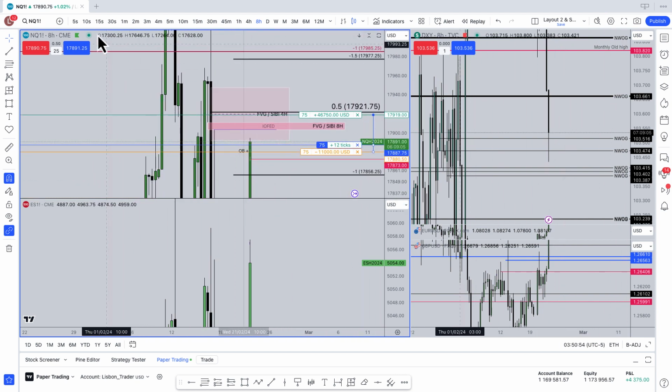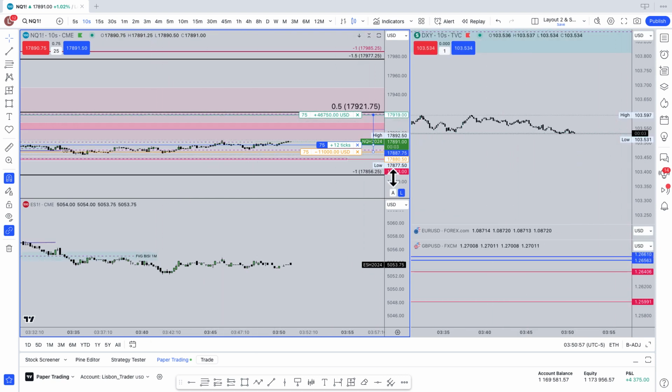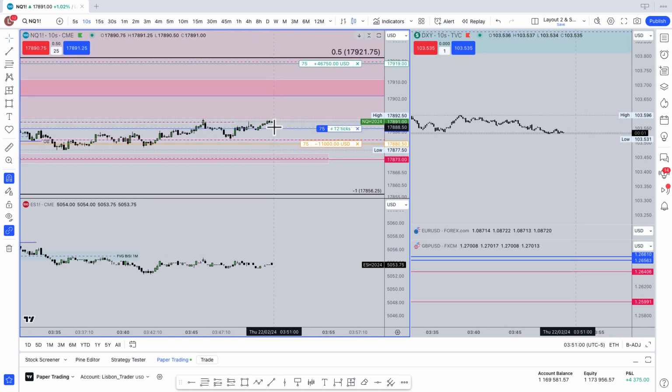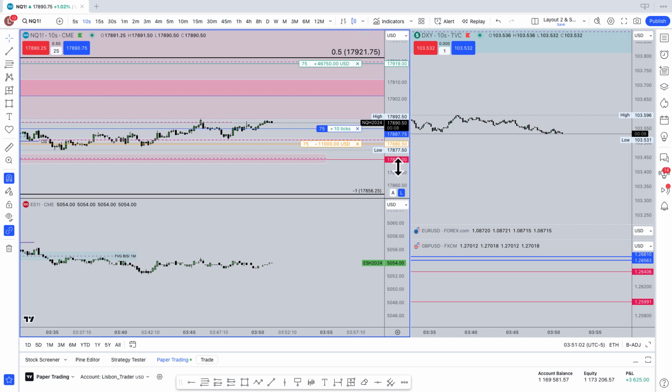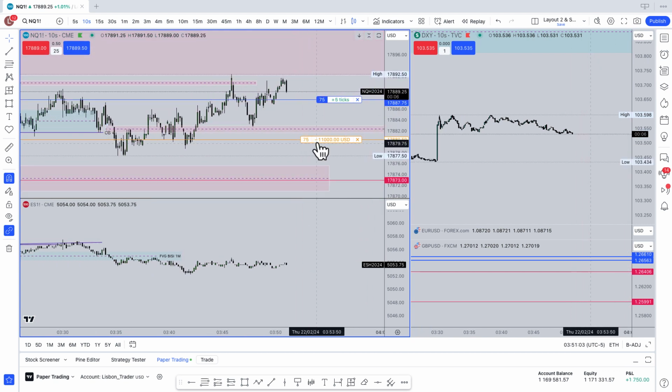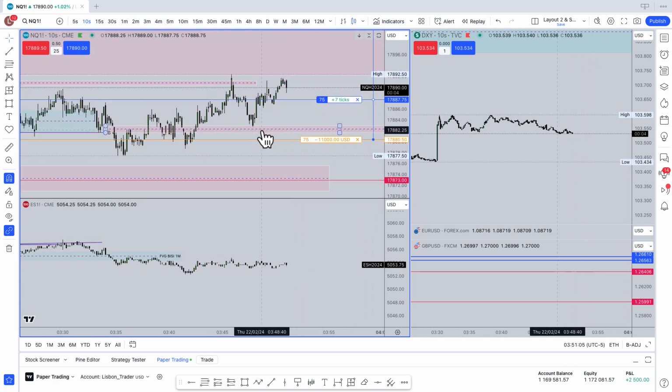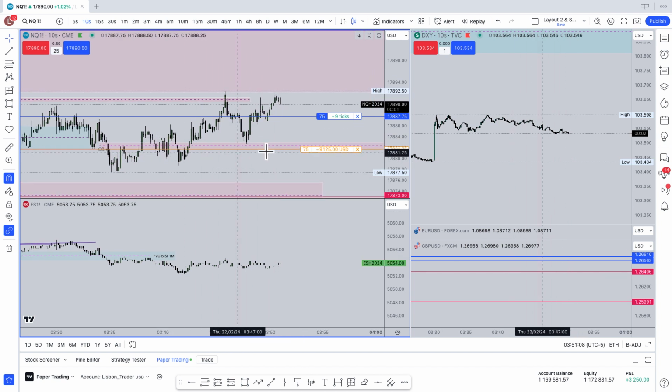So we are now recouping from the drawdown. So let's do the following: reducing risk here up to this fair value gap.